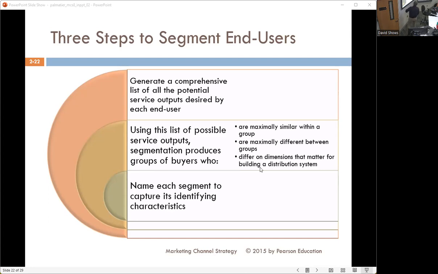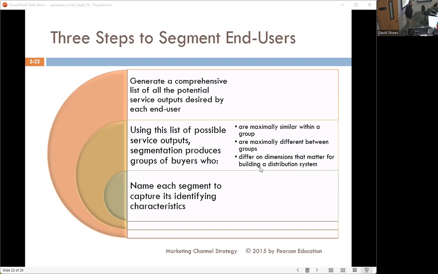So you look at them as everything that they are, nothing that they aren't, and different on dimensions that matter when it comes to a distribution system. Price is something that's important, but just remember that price is something that's given up.